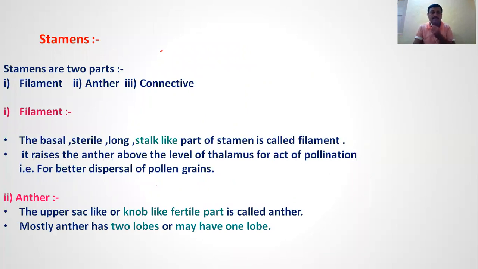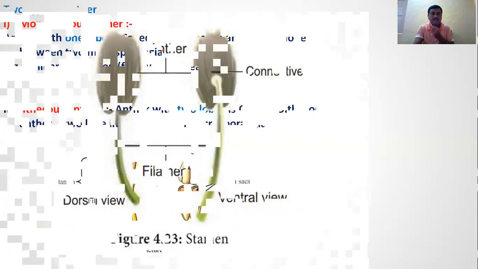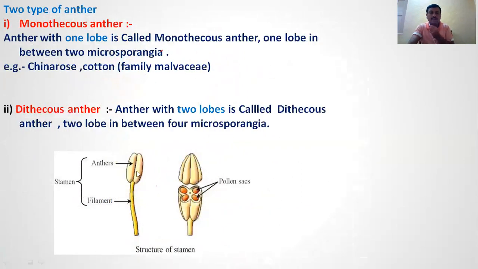Mostly, anther has two lobes or may have one lobe, like these structures. Some flowers develop one lobe and some flowers develop two lobes.